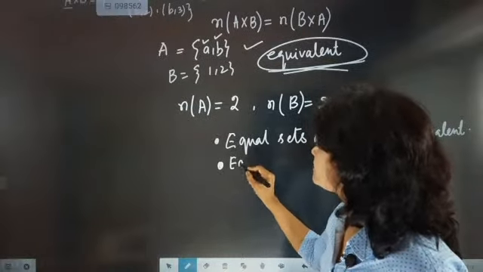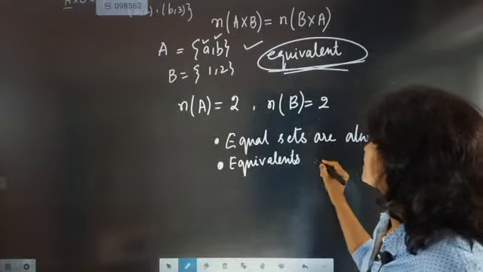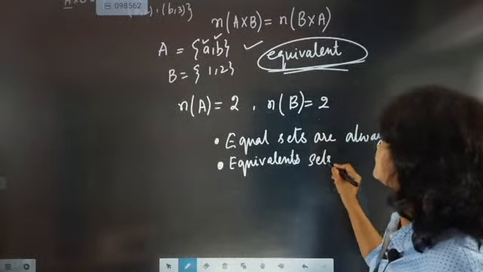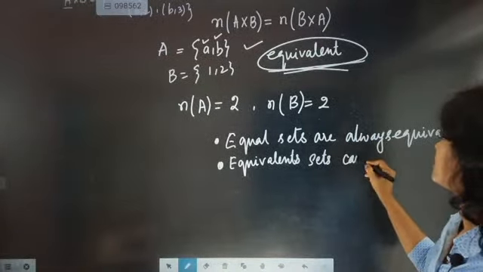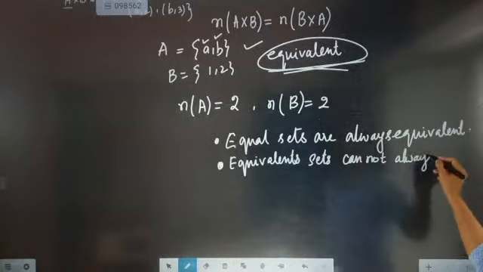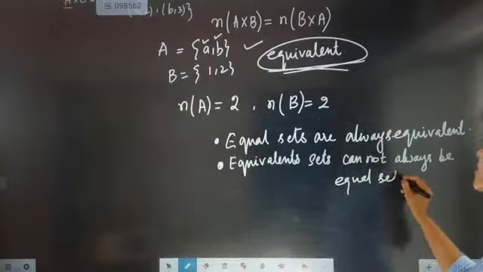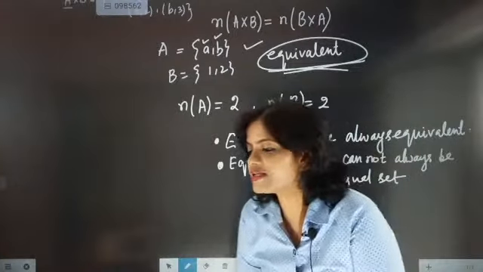Equivalent sets cannot always be equal sets. And we have seen that example.